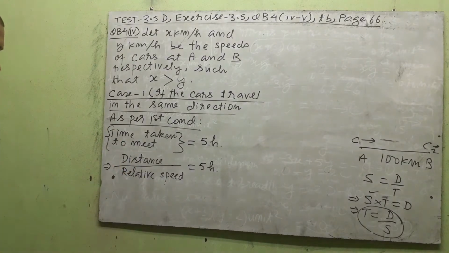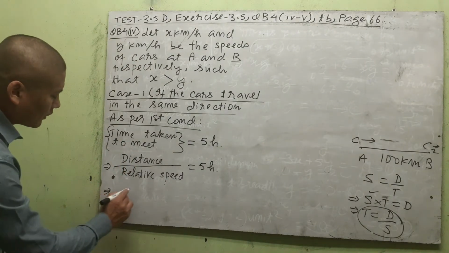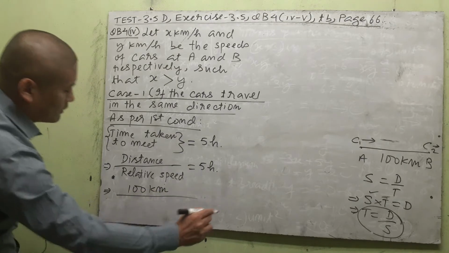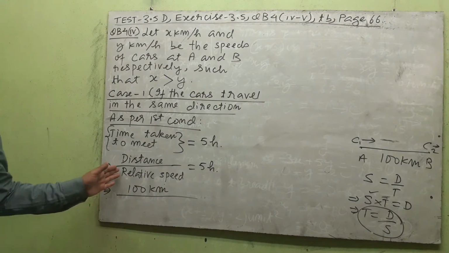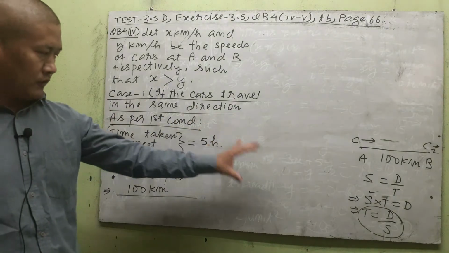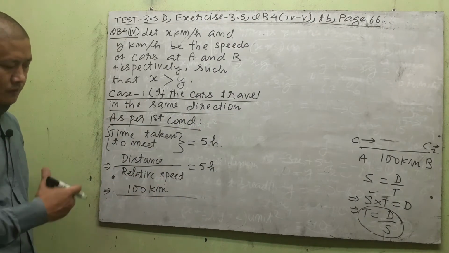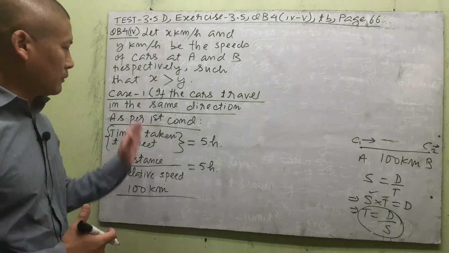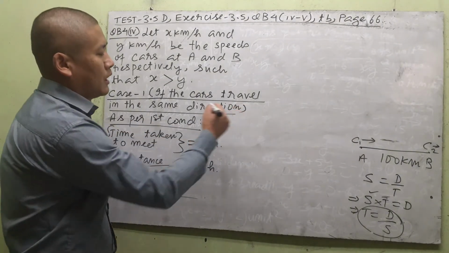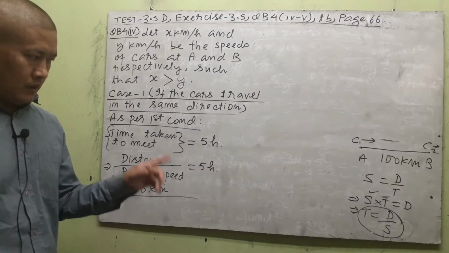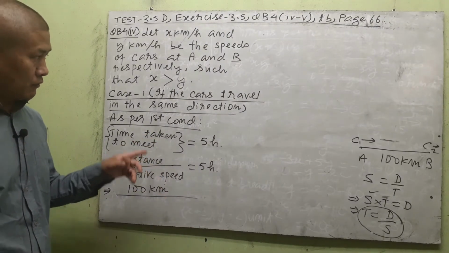So we can go about like this, right? So distance between them before they start moving was 100 km apart, so that is distance divided by, when the two objects are moving in the same direction, the formula for relative speed is higher speed minus lower speed. Okay, when they move in the same direction, it's always the speed of the object with higher speed minus the speed of the object with lower speed.